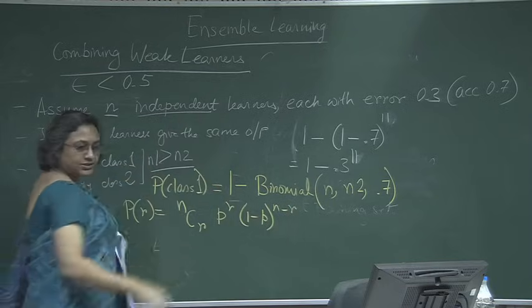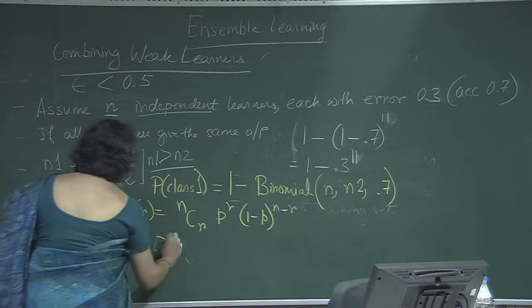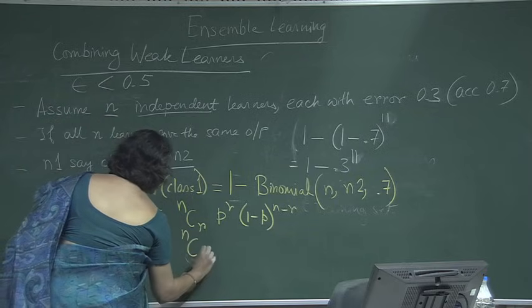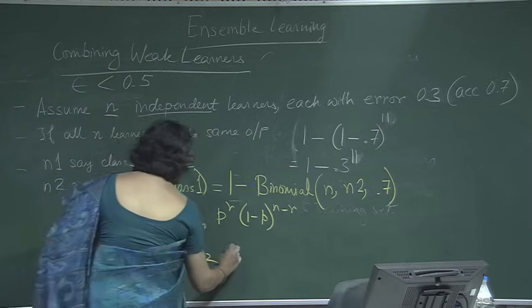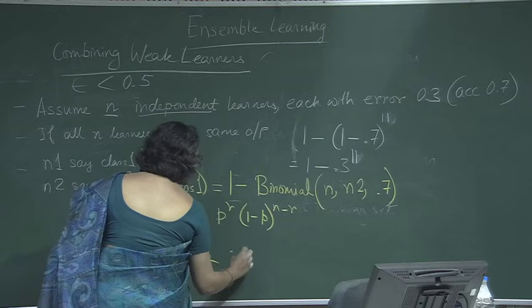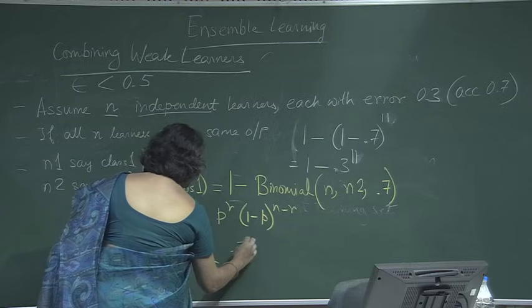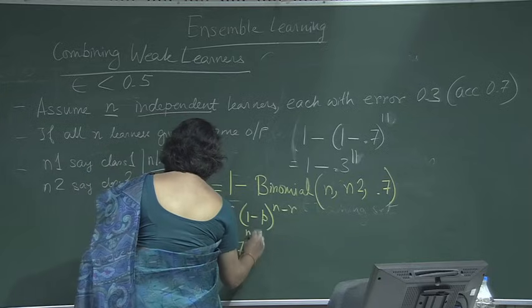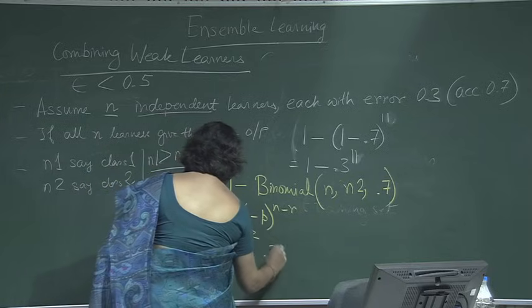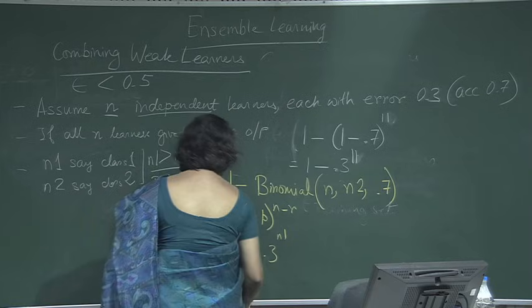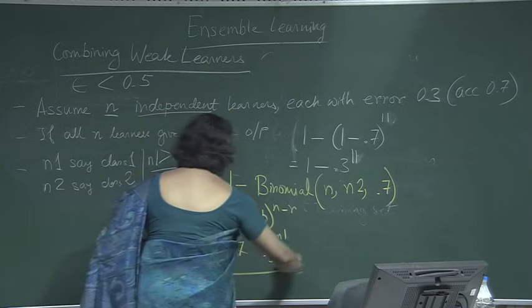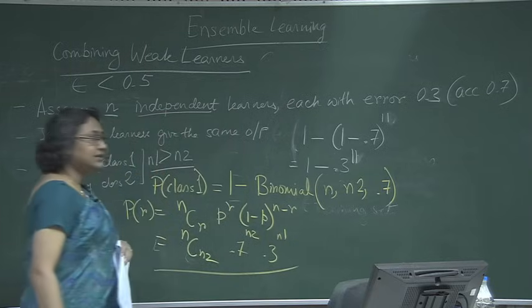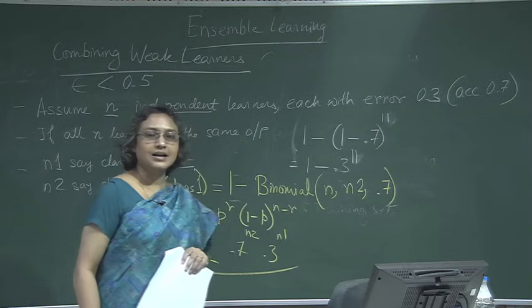So, if we substitute here we get nCn2, p is 0.7, 0.7 to the power n2 and 0.3 to the power n1. So, this is the probability of this class.